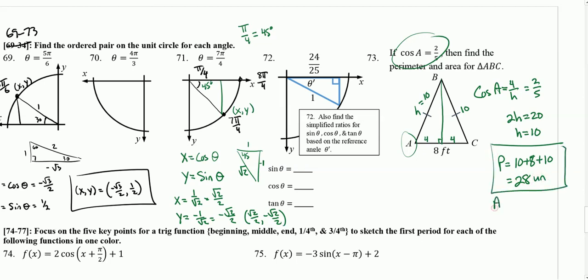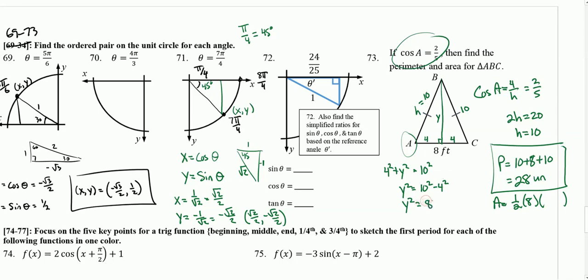For the area, we're going to need 1/2 base times height, so 8 times, and we've got to find the height. I'll call my height y and use the Pythagorean theorem. 4 squared plus y squared is our hypotenuse squared. So y squared is 10 squared minus 4 squared. 10 squared is 100. 4 squared is 16.